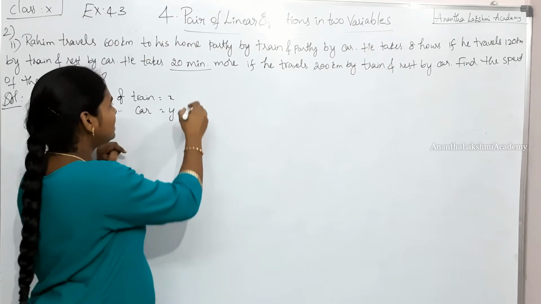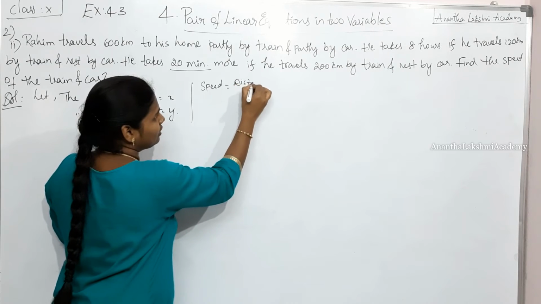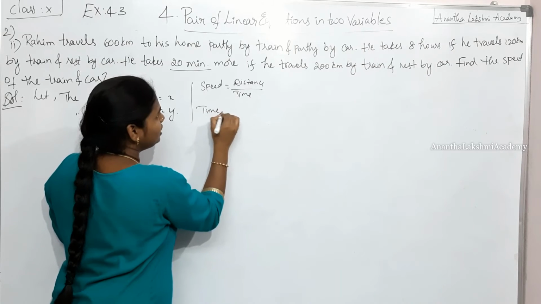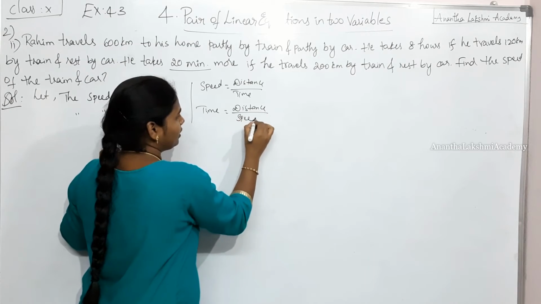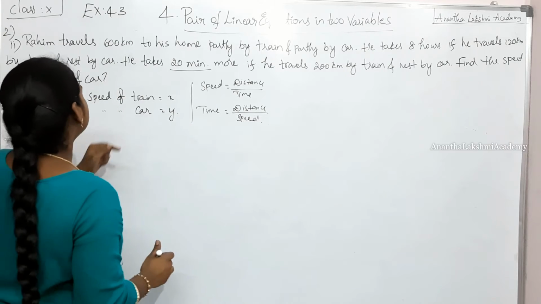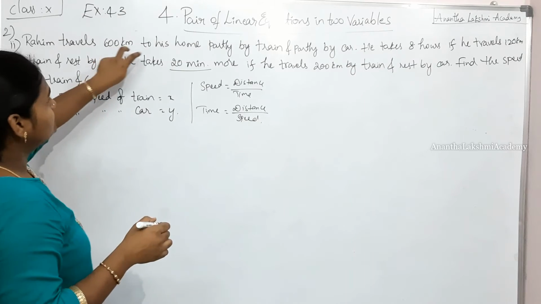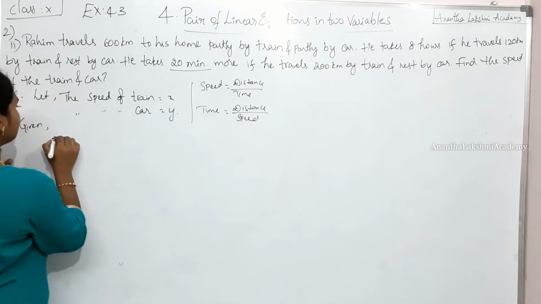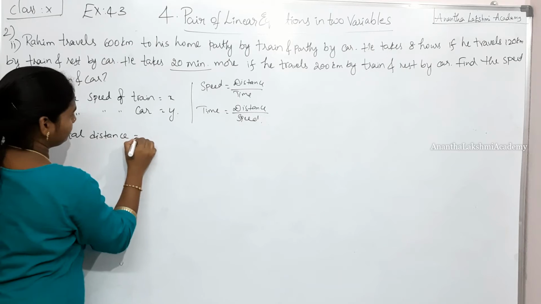Earlier from the first bit itself, we figured out that speed is equal to distance by time. Since time is given for us, how do we denote time? Time is equal to distance by speed. Now you assumed the speeds to be x and y. Let us write what is given. The total distance is nothing but 600 kilometers.